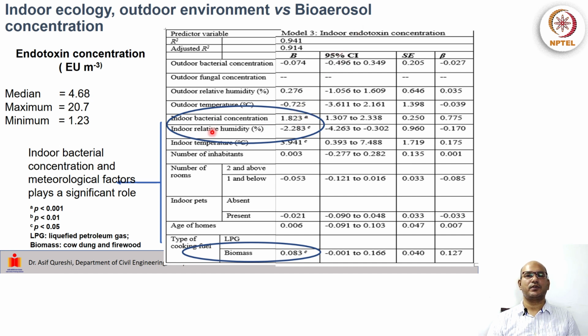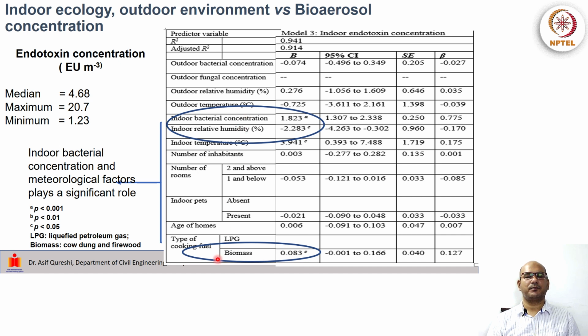There was a negative correlation with indoor humidity, because if the humidity decreases, the cell will be killed, and the bacteria will not survive because they will desiccate. If the bacteria don't survive, they might rupture, and more endotoxins will be released, which are basically part of the bacterial structure.